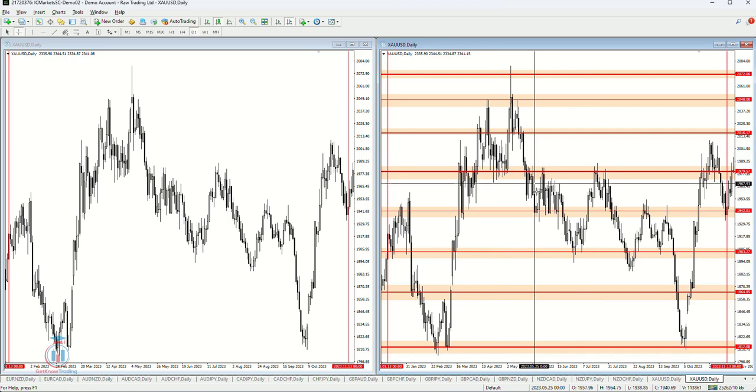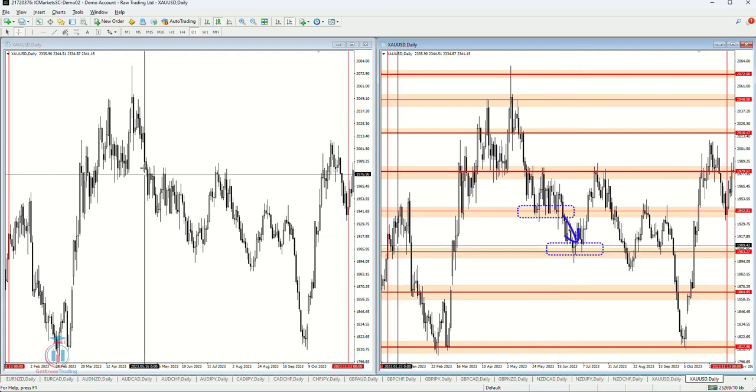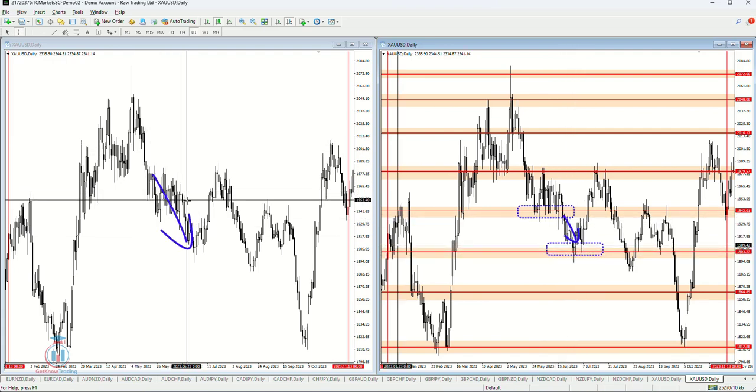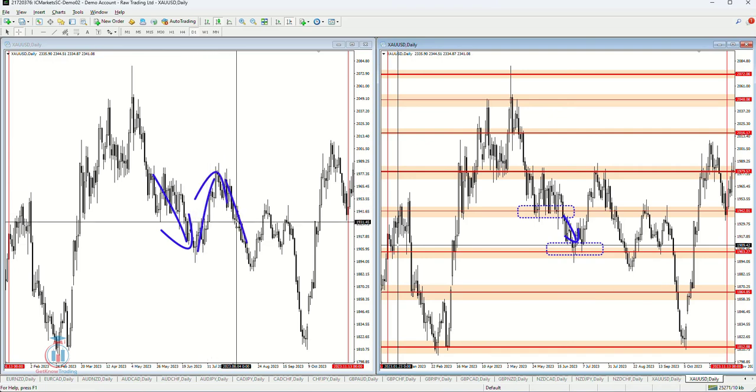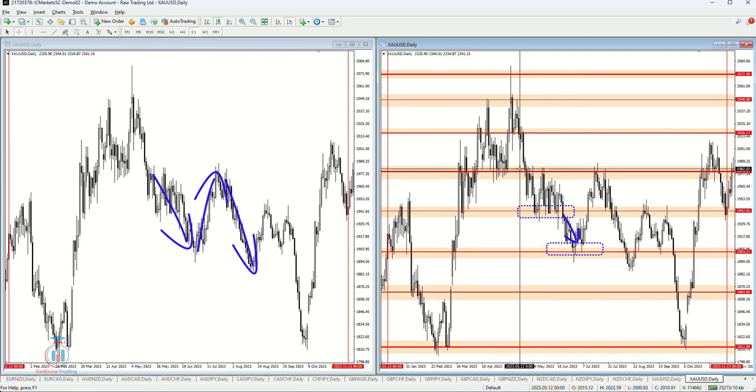For example, here you can clearly see that the price could stop because of this support, and then here when the price goes down it could stop here. When you take a look here, it's not very clear where the price could stop in the future. So this is the idea of how the support and resistance lines help you define where the price could bounce and go in the future.